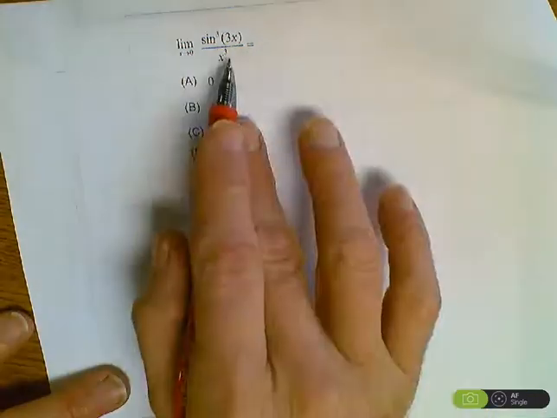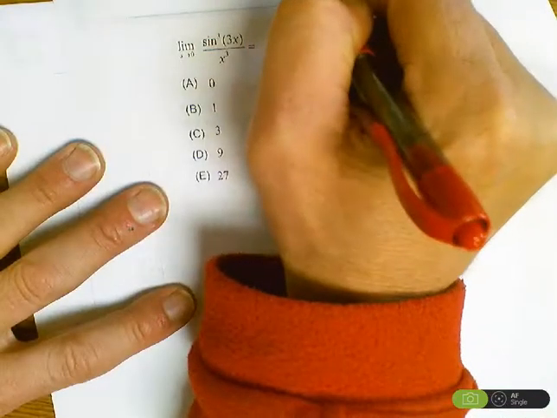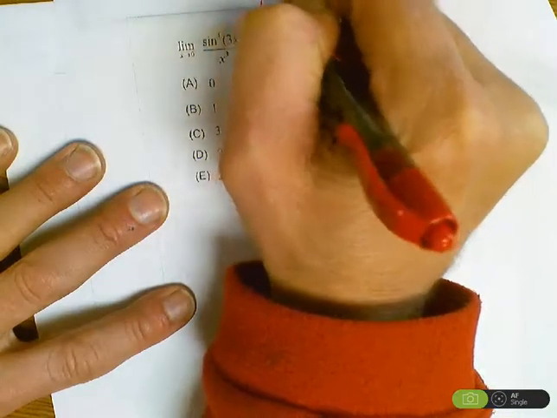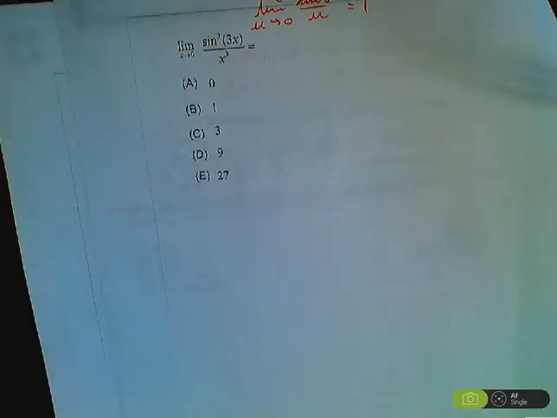The strategy here is, remember your rule that the limit of sine of u over u as u goes to 0 is 1. Now, I don't have sine of u over u. I have the sine cubed of the quantity 3x. So my u in this case is 3x, and it's cubed.